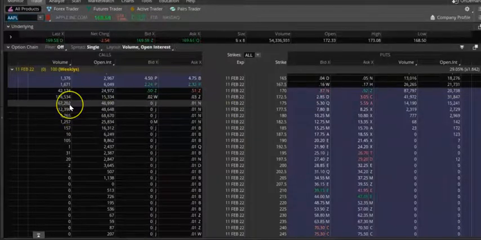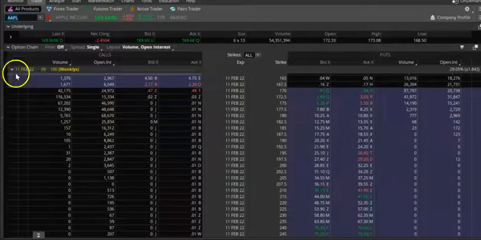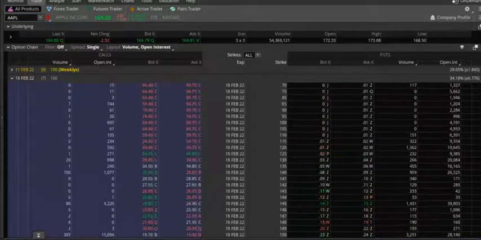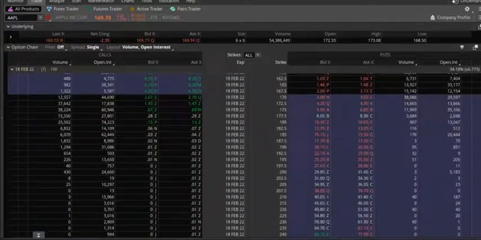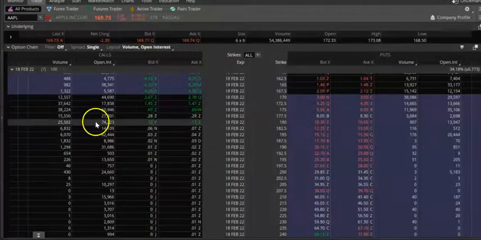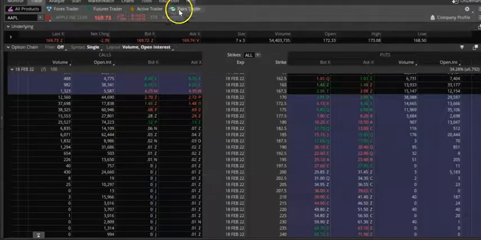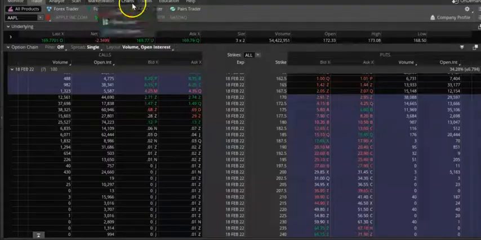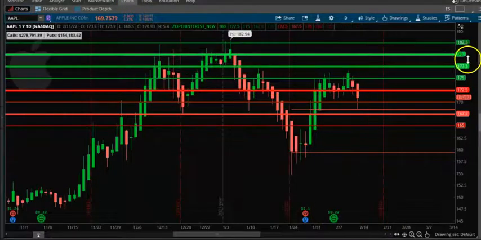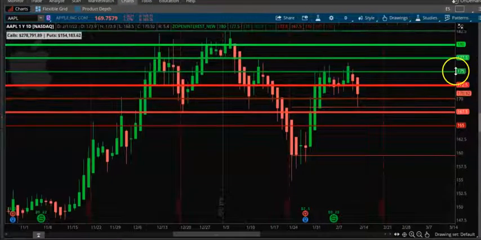This is probably going to show you next week. 180 is 25,000 and 175 is also heavy. Okay, 180, 175. Let's look at the code.